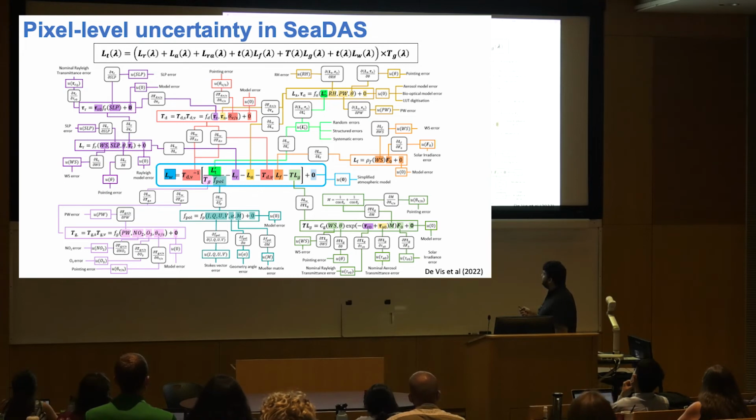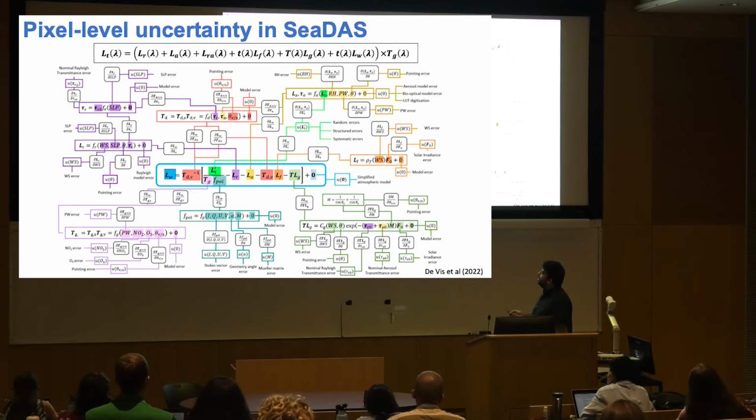For Lt, the measured radiance, the uncertainty comes from the sensor or geolocation and pointing errors. The uncertainty in Rayleigh comes from the uncertainty in ancillary data, such as wind speed or pressure, or modeling errors and so on. Same thing for glint. So you go through all these layers and accumulate uncertainties.